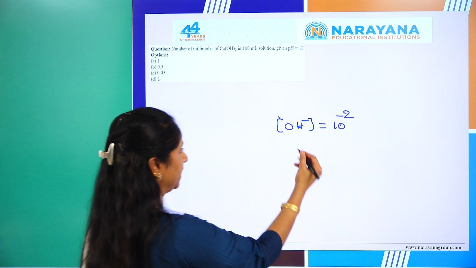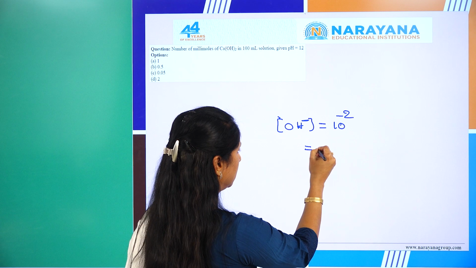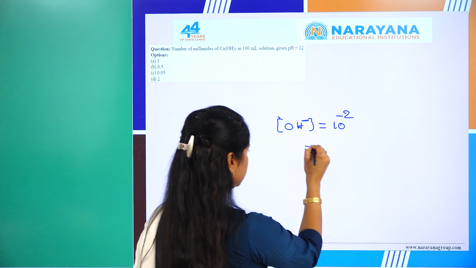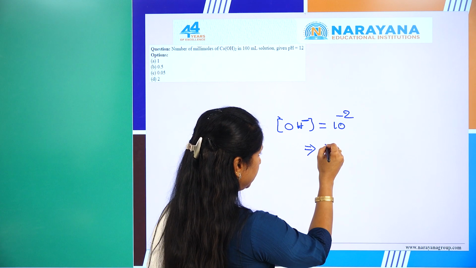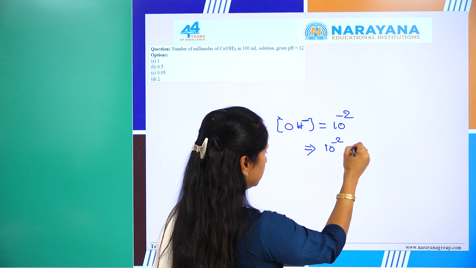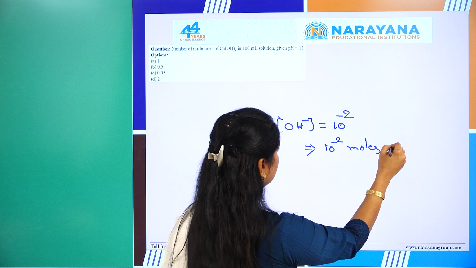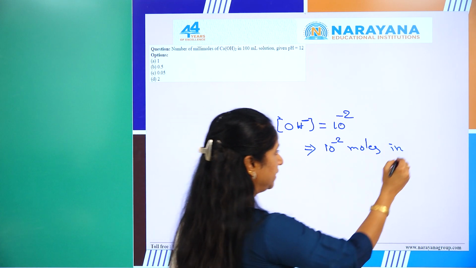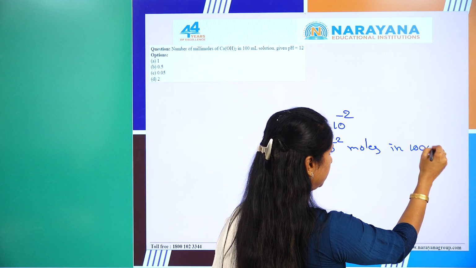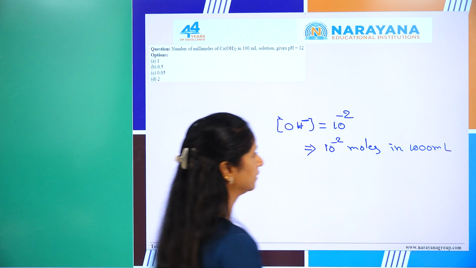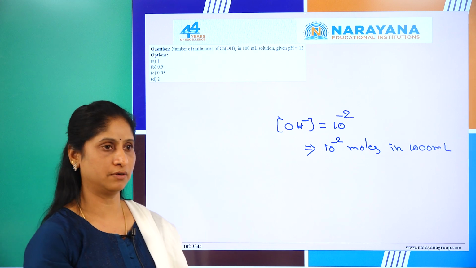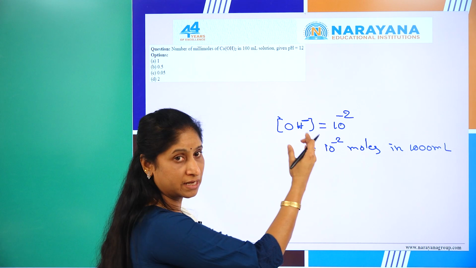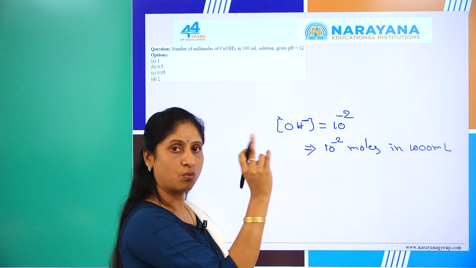So OH minus is 10 power minus 2, what is the meaning of it? I have 10 power minus 2 moles in 1 liter of aqueous solution, that means in 1000 ml of the solution. But they are asking about millimoles. I am multiplying and dividing with 10 power minus 1; 10 power minus 3 moles is 1 millimole.